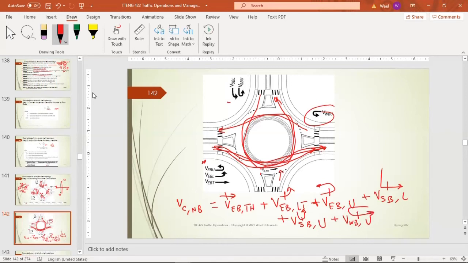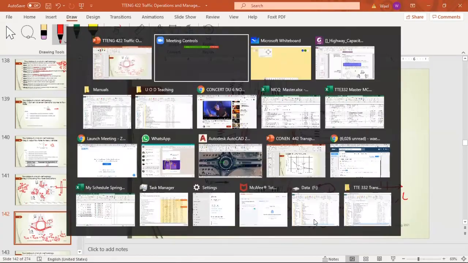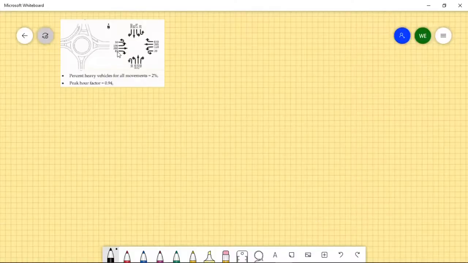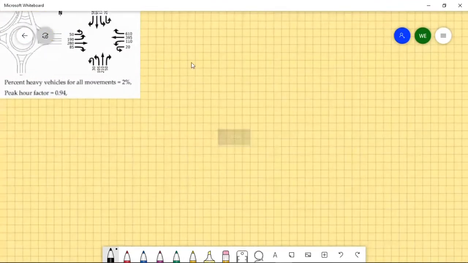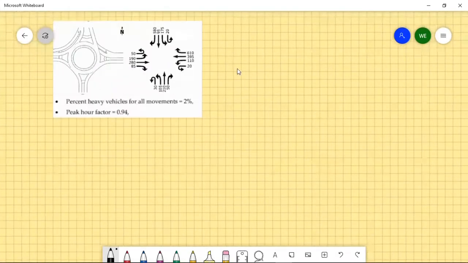Okay, let's have an example on how to calculate these volumes, and let's try to solve it. So we have this example from the Highway Capacity Manual. Let's work together and try to solve this example.